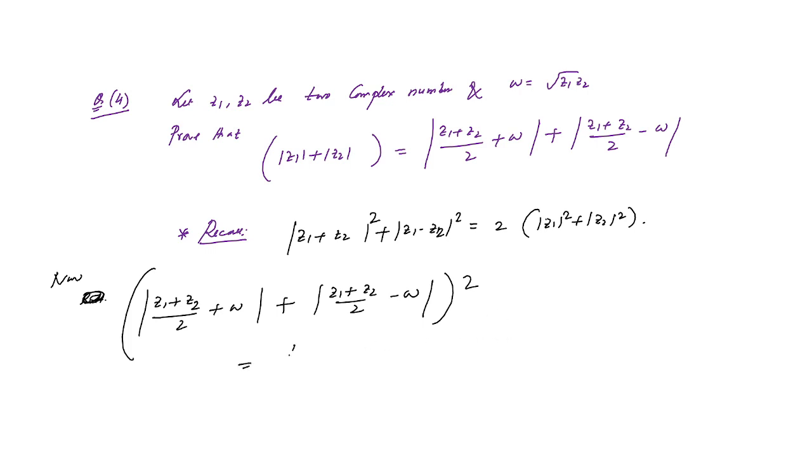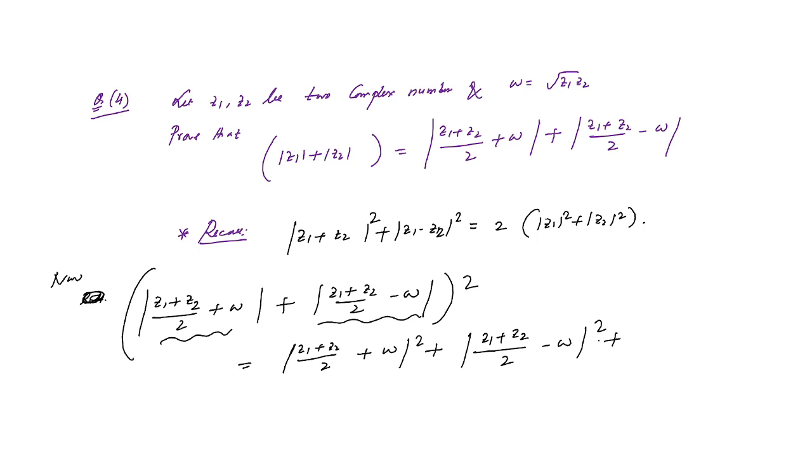So obviously it will be |(z1+z2)/2 + w|² plus |(z1+z2)/2 - w|². Just consider this is a and this is b, and simply apply (a + b) whole square. So a² plus b² plus 2ab.